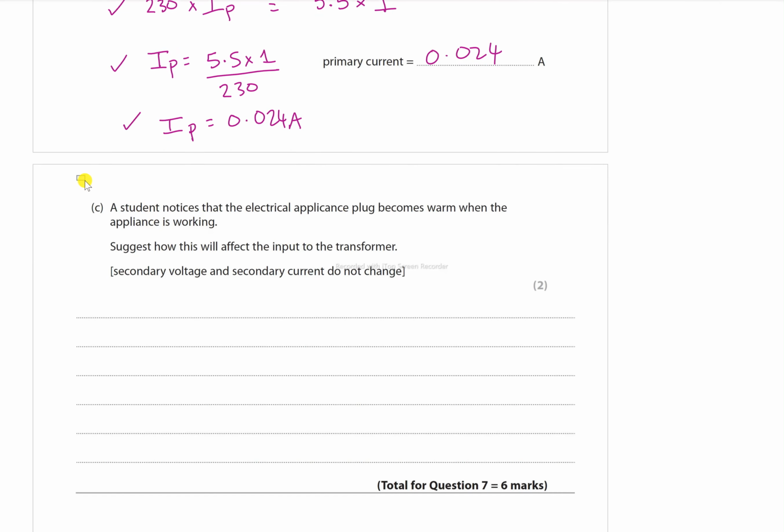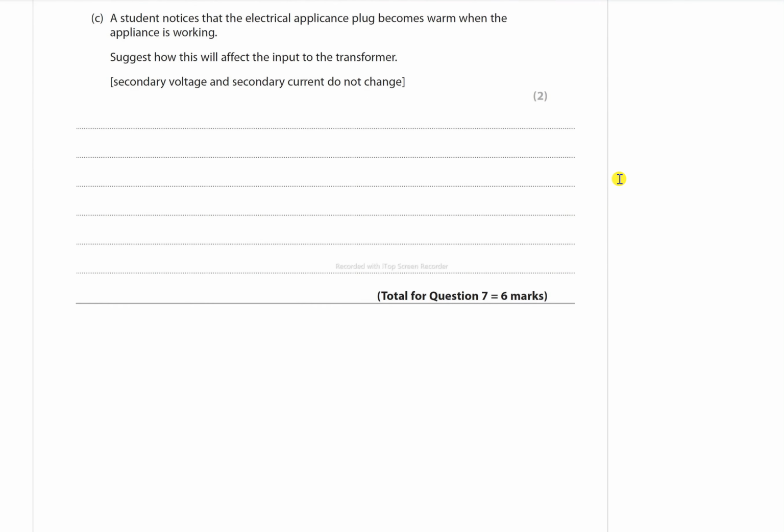A student noticed that the electrical appliance becomes warm. Suggest how this will affect the input to the transformer. Secondary voltage and secondary current do not change. Right. When you see warm, you're talking about heat. You're talking about when heat goes up in a wire, resistance goes up.